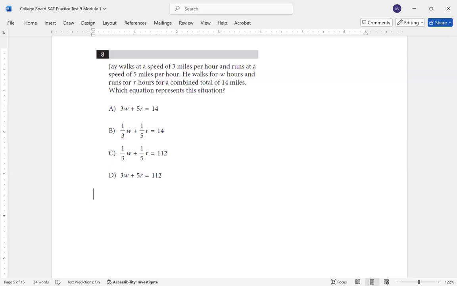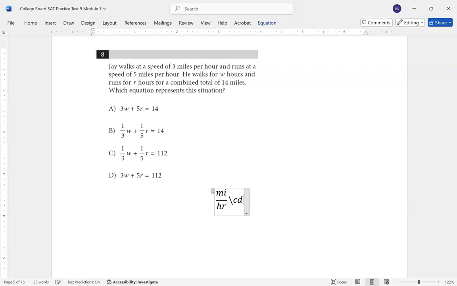Question 8. Jay walks at a speed of 3 miles per hour and runs at a speed of 5 miles per hour. If he walks for W hours and runs for R hours for a combined total of 14 miles, which equation represents this situation? Now, if you think about this, we're talking about miles per hour.